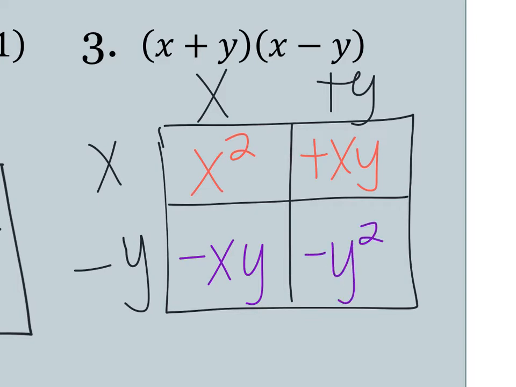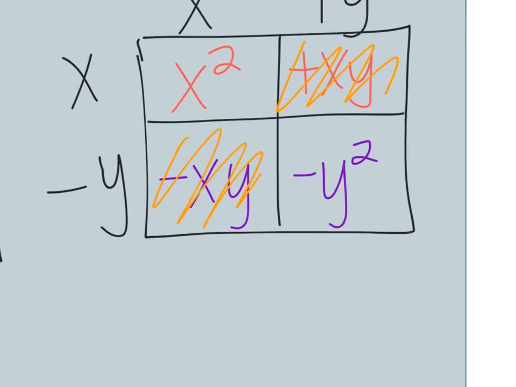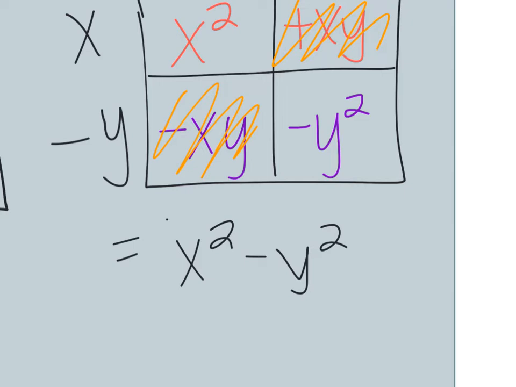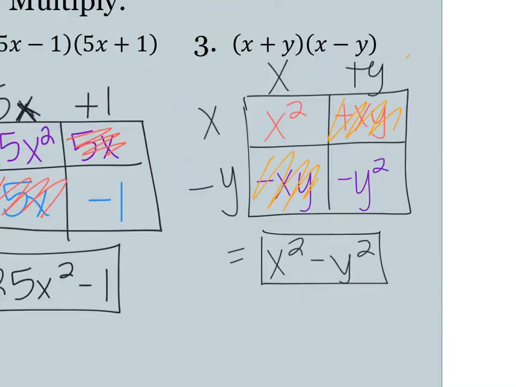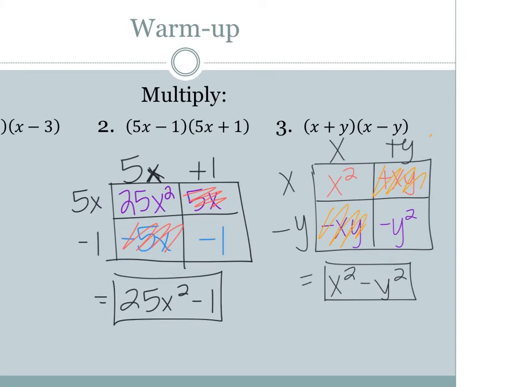So we can go ahead and cross out the xy and the negative xy because they cancel out, and all we're left with is x squared minus y squared.